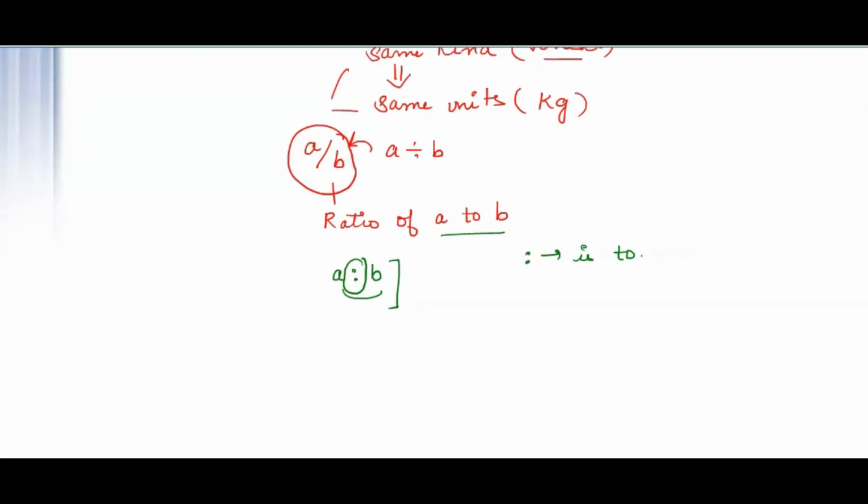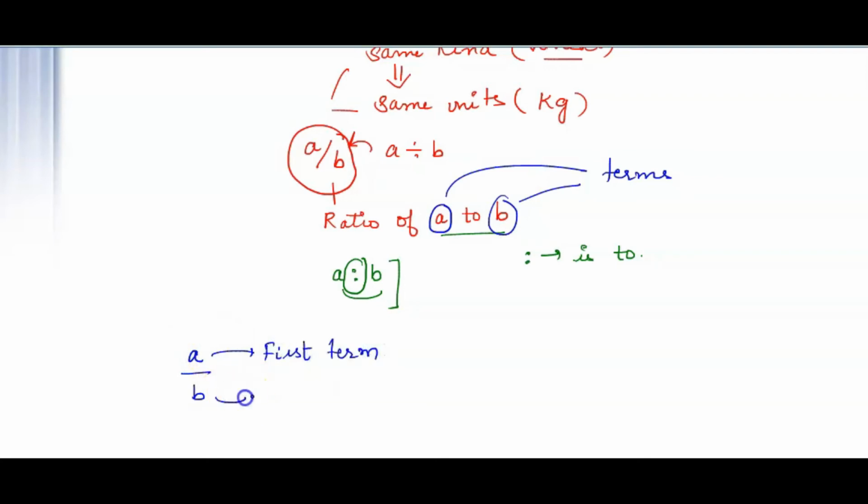In a ratio, A and B are called terms. Suppose A is in the numerator and B is in the denominator; then A is treated as the first term and B as the second term.